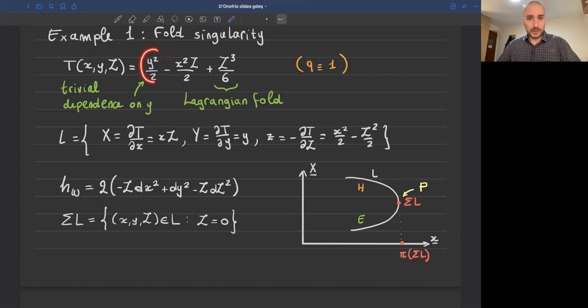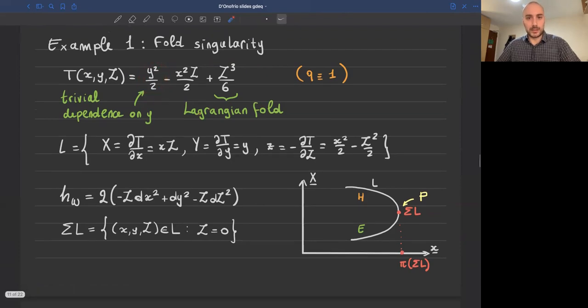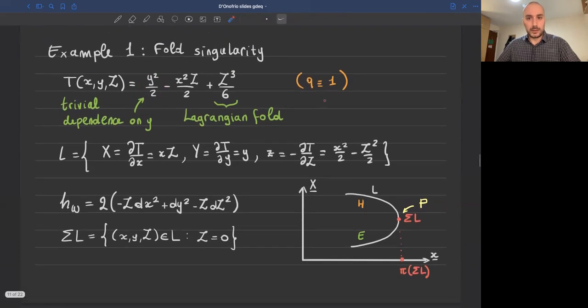And the presence of this trivial dependence on y is what makes the actual fluid flow arising from this generating function two-dimensional. It's not going to depend on y. But let's see step by step how to get there.